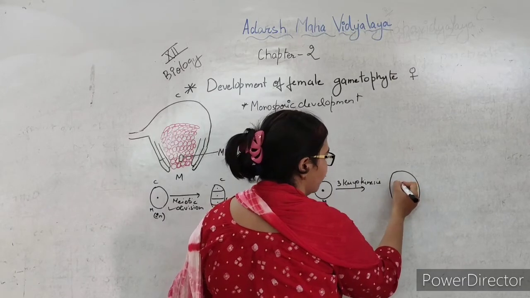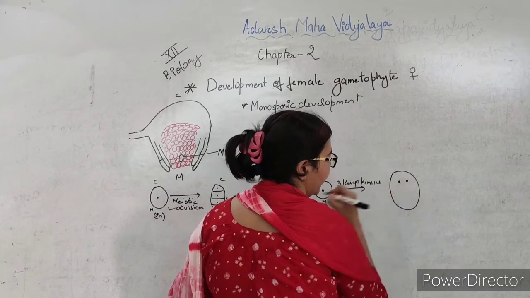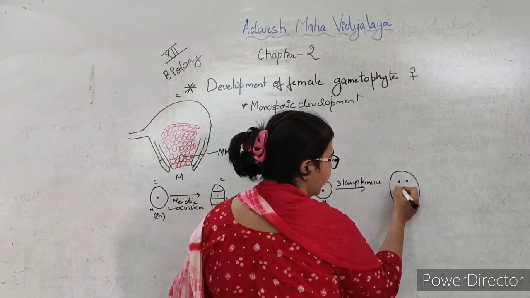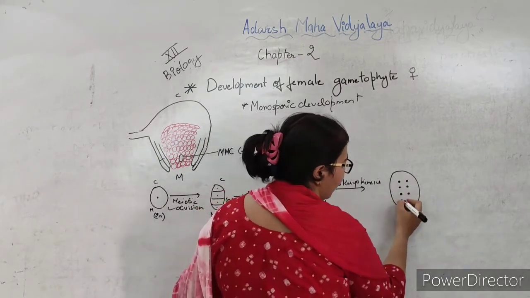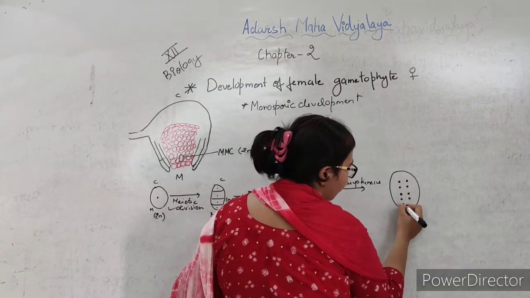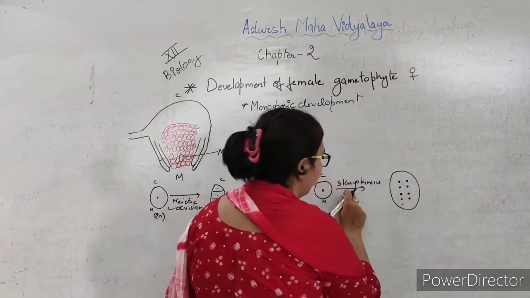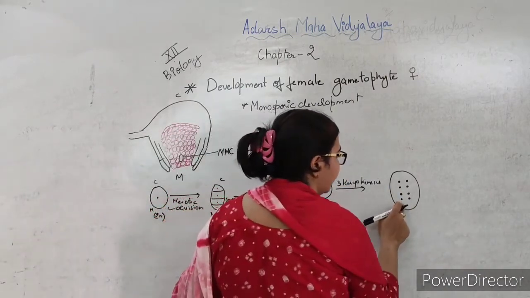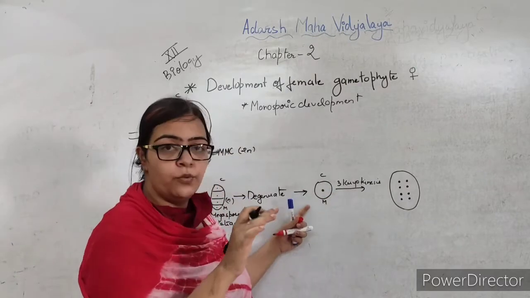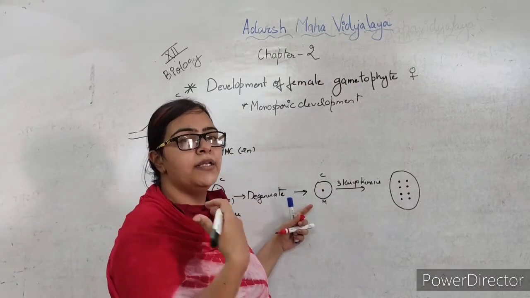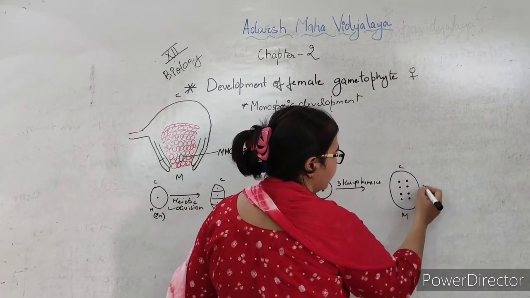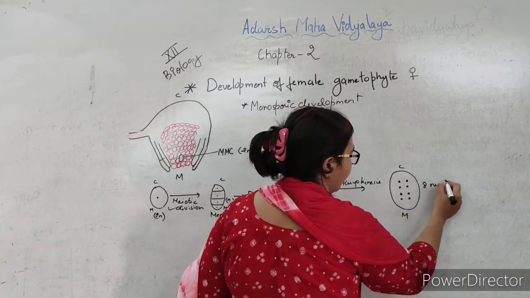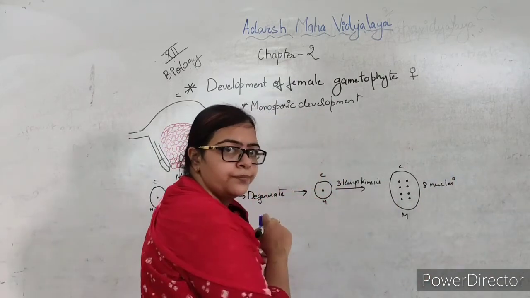The first karyokinesis gives 2 nuclei, then each divides again, and again. After 3 karyokinesis we'll get 8 nuclei, because this is free nuclear; cell wall formation will take place afterwards.